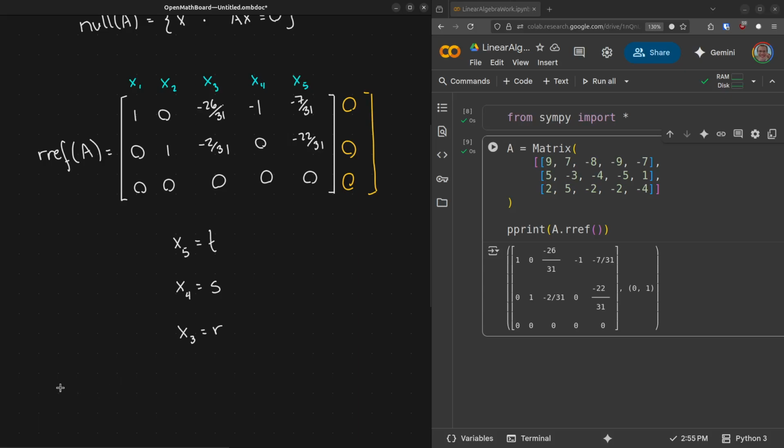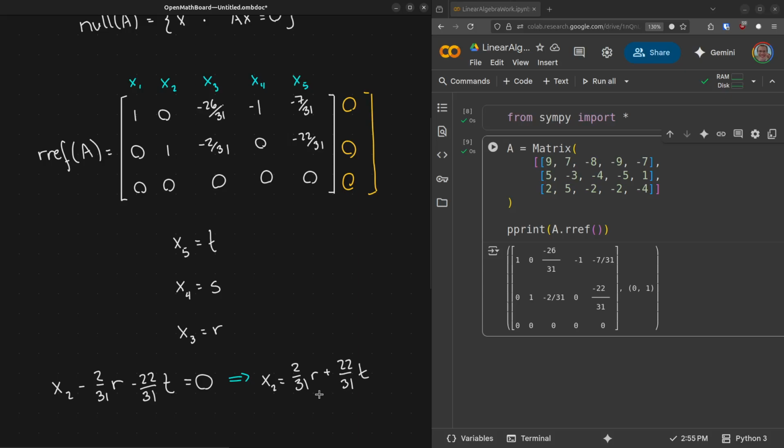So row 2, I have the equation 0x1 plus 1x2 minus 2 over 31x3, but x3 is r, so I'm going to plug in r, plus 0x4 minus 22 over 31x5, but x5 is t, so I'm going to plug in t in place of x5, equals 0. And so if I get x2 by itself, I get 2 over 31r plus 22 over 31t.